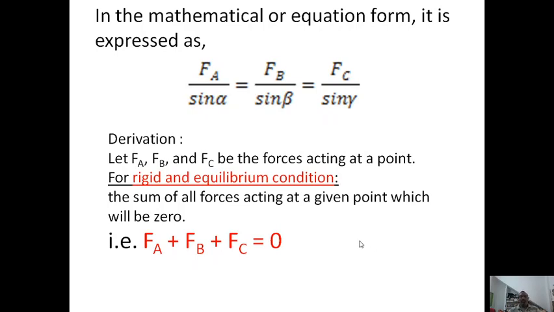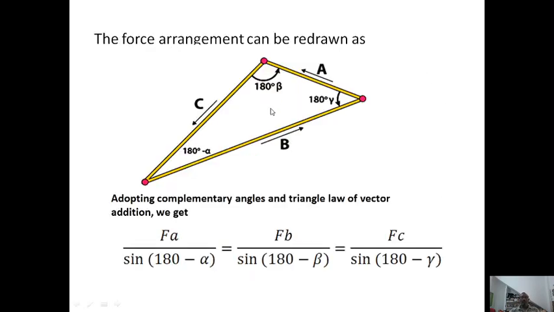Then only you will establish the resultant equilibrium condition. Now this is the solution: by getting the complementary angles and using the triangle law of vectors, you can get that solution.